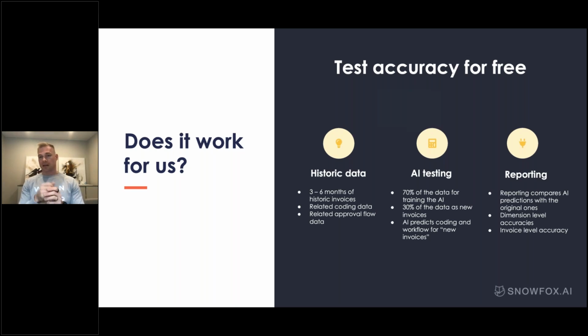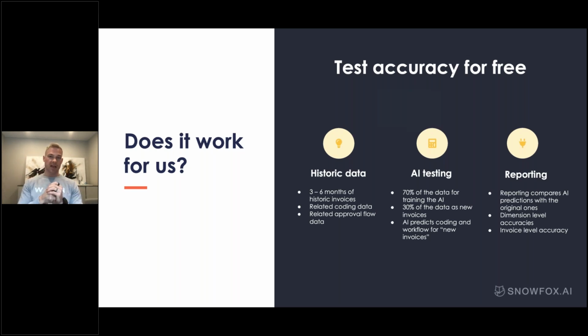Then out of these 30%, we will create a report for you where we compare your original codings and the workflow information with the AI predictions. We will show you the dimension level accuracies and invoice level accuracies, so that if you would implement our AI in use, this would be the starting accuracy level where AI starts performing for you from day 1.